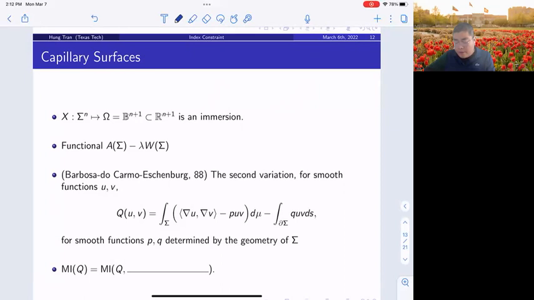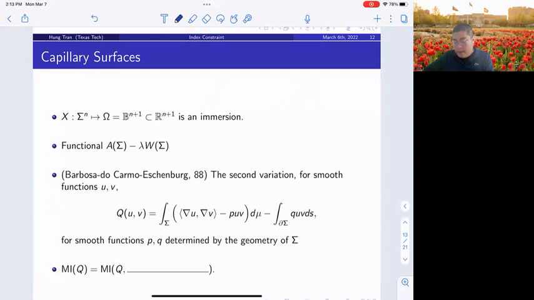So the second variation can be computed by the work of Barbosa, do Carmo, and Eschenburg in the 80s. And you can see here the second variation is actually associated with a symmetric bilinear form. So this form takes as input functions u and v, and produces a scalar number computed by the following formula.